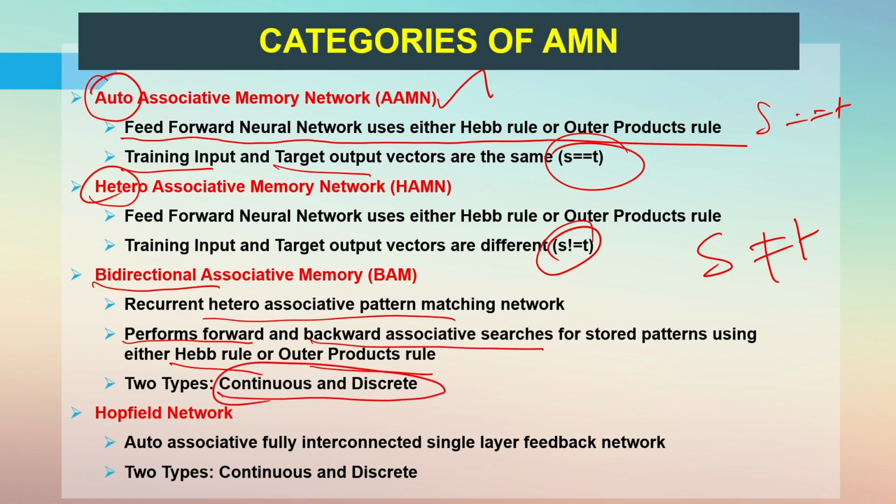And finally, the Hopfield network, and this Hopfield network is an auto-associative, fully connected, single layer feedback network. Here the only change is that it is a feedback network. Here also you have two types based on the input values, either continuous value or discrete value. So this is the full list of AMN networks.